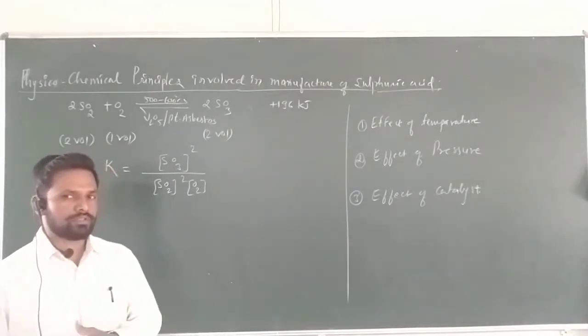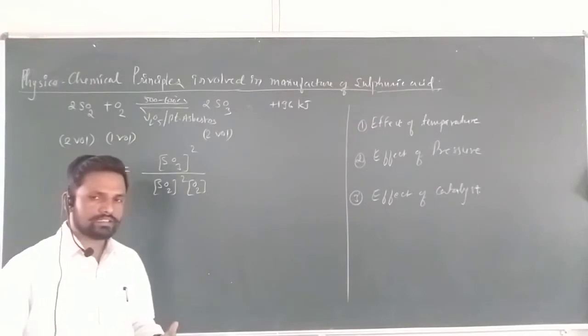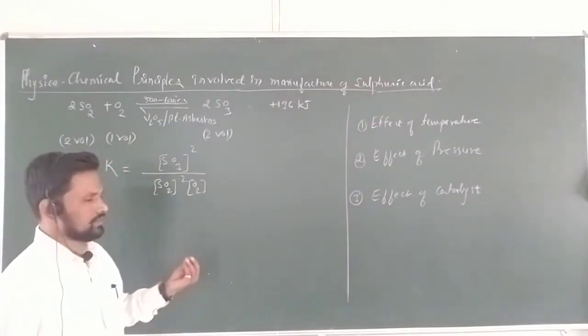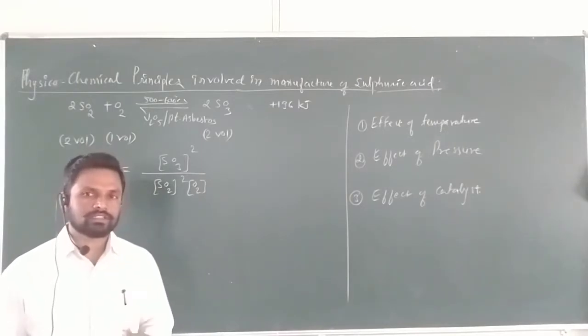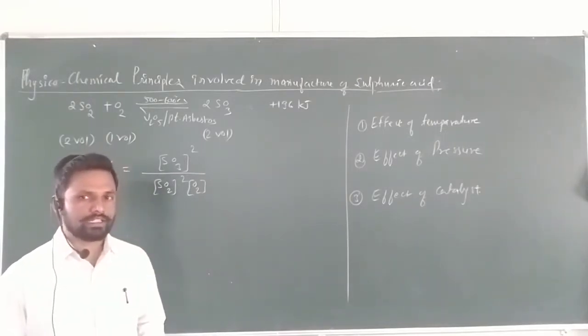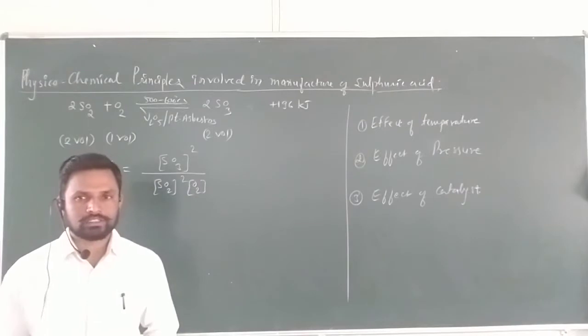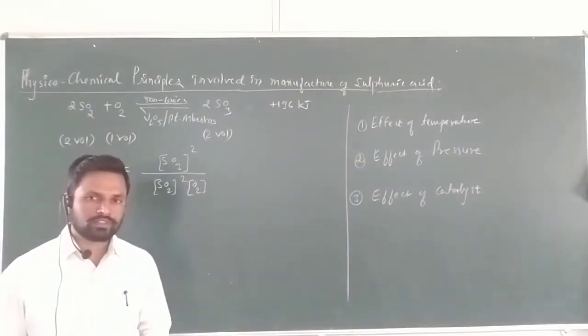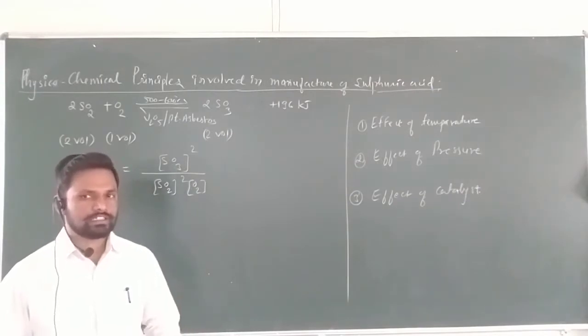At the end of the absorption unit, we get approximately 60 to 70% of 90% pure form of sulfuric acid, and we get 70% yield of the oleum. So, the manufacture of sulfuric acid we studied in yesterday's lecture.